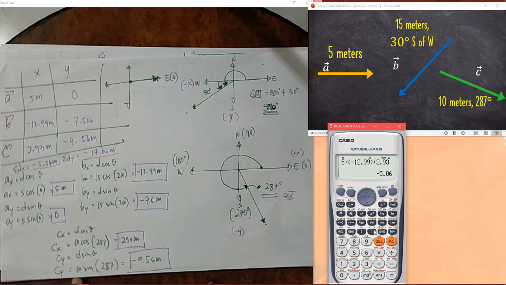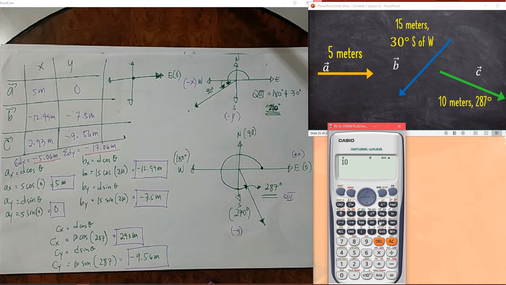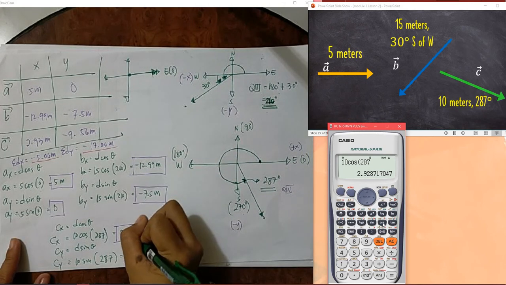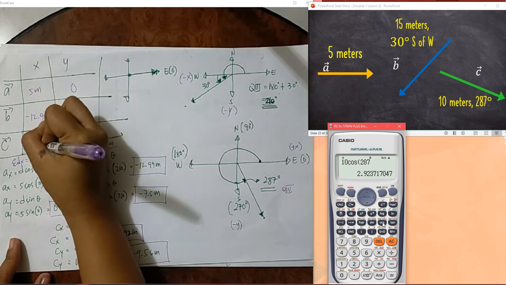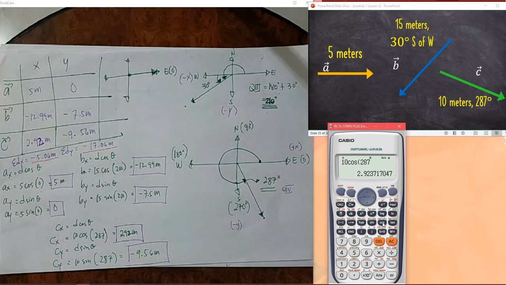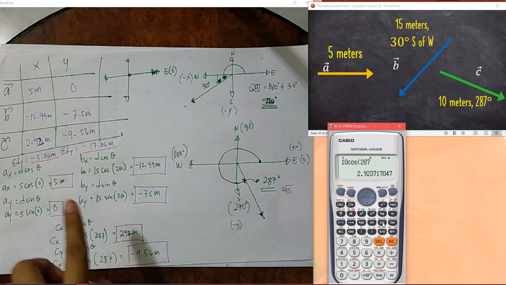May double check lang ako dito. O kaya pala, it should be 2.92. This should be 2.92 ha. Ayan, 2.92 siya. Hopefully, mas magigets nyo lang siya.